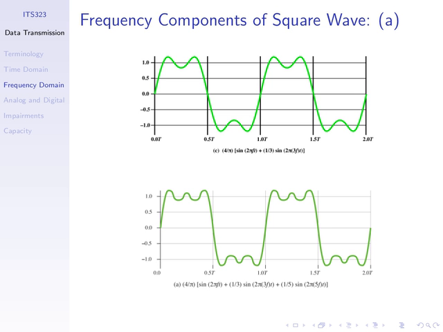The scale here is megahertz. The peak amplitude of the first component is 1. The second component, 0.33, or 1/3. And the third, 0.2, 1 divided by 5.